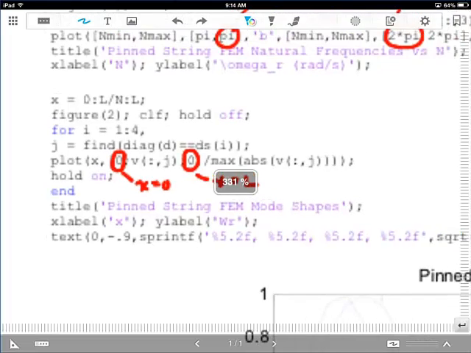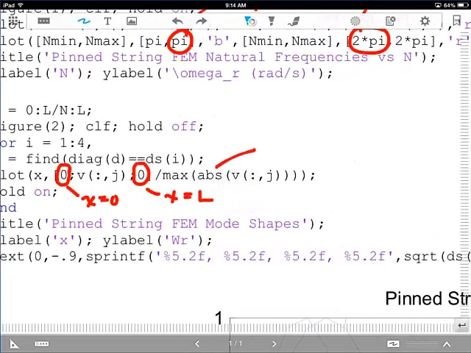And this is just to scale it so the maximum value is equal to 1.